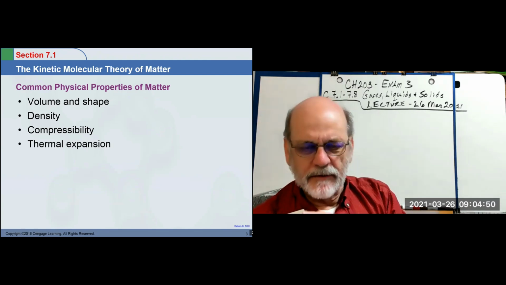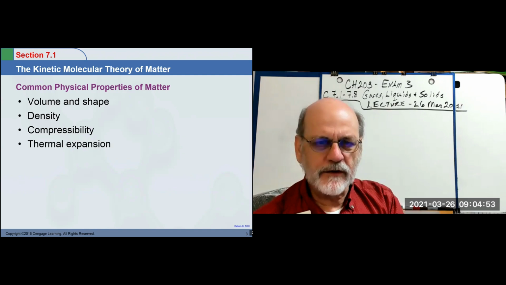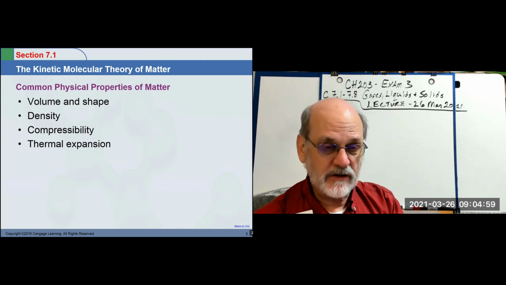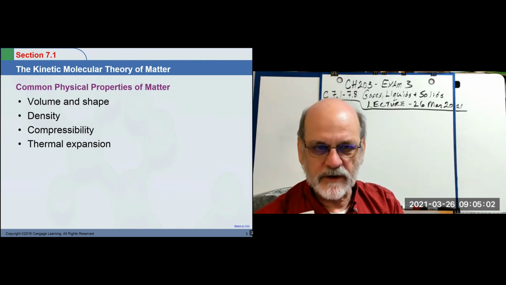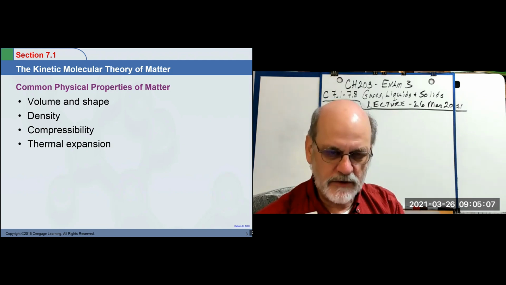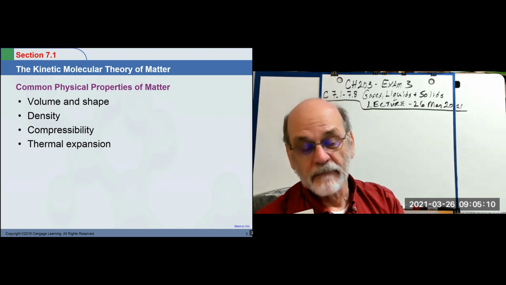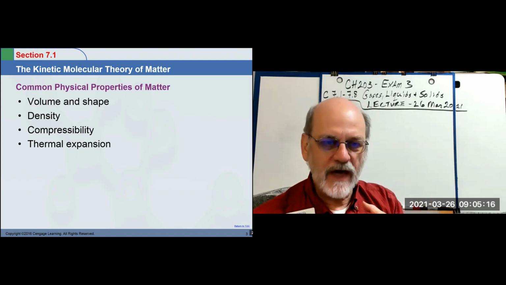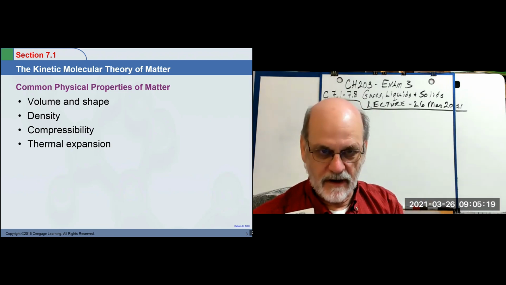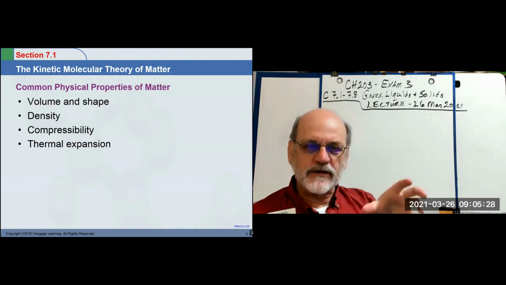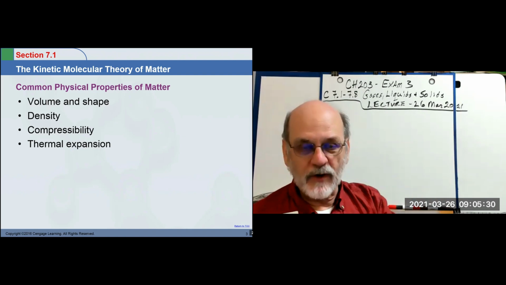Physical properties. There's a difference between physical and chemical properties of matter, and they're important distinctions because if we're studying chemistry, we need to be able to differentiate between what is a physical change and what is a chemical change. You need to understand physical changes so that your chemistry is better understood and explained. You need to separate the physical changes and properties from the chemical properties and changes.